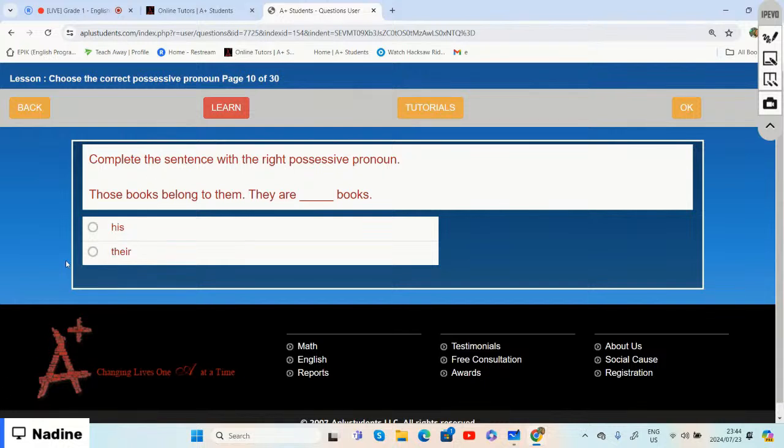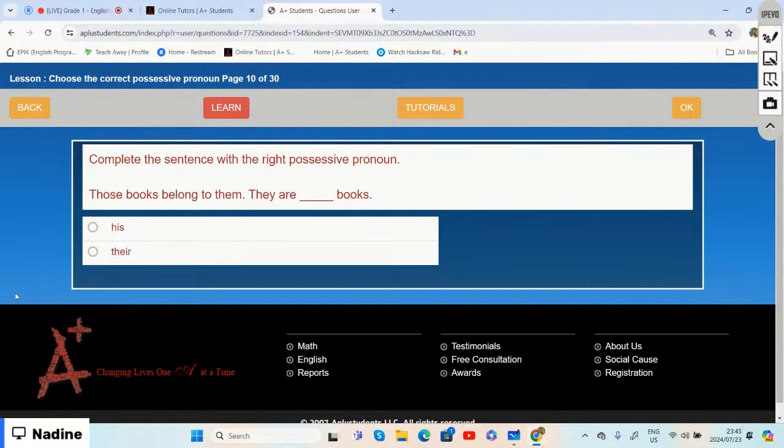It says those books belong to them. If the books belong to them, do we say they are his books?